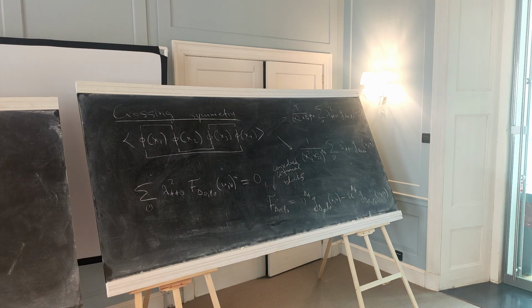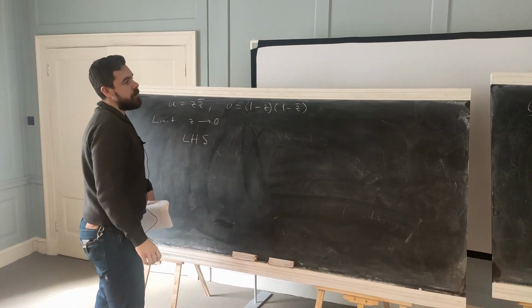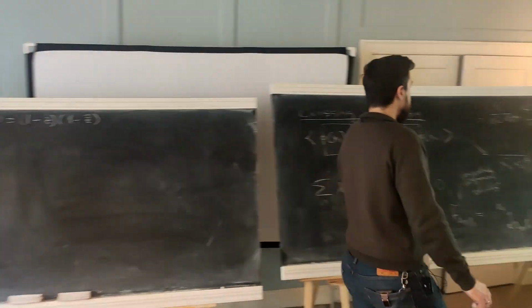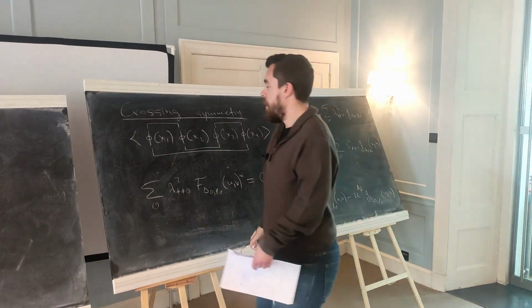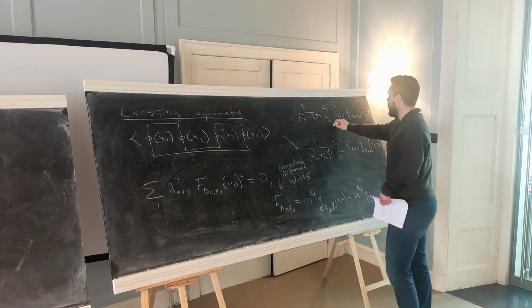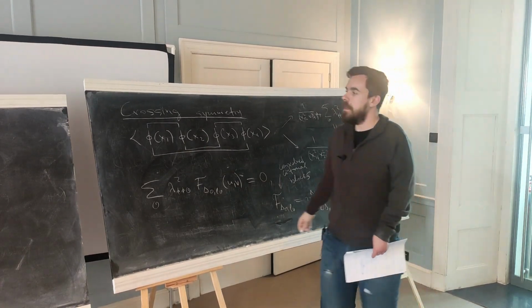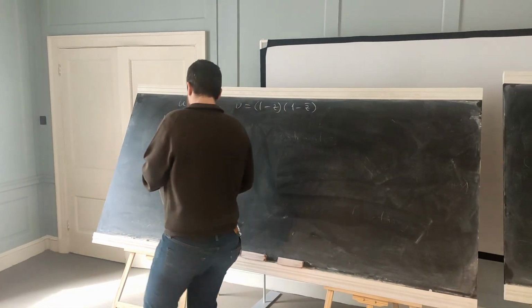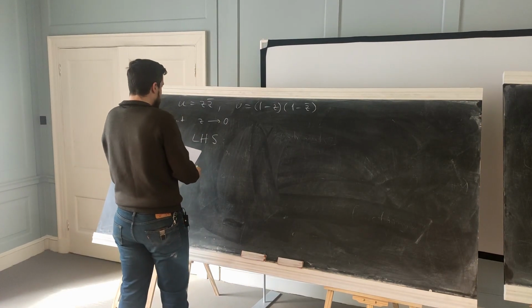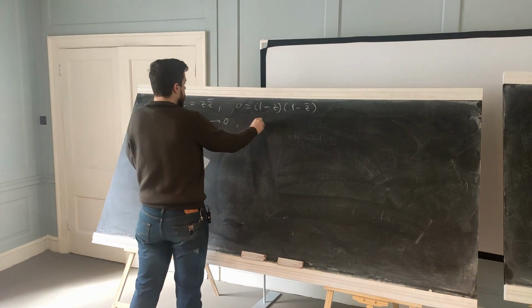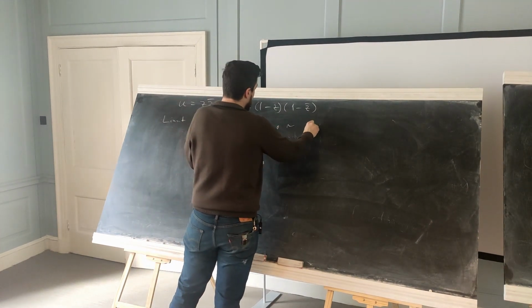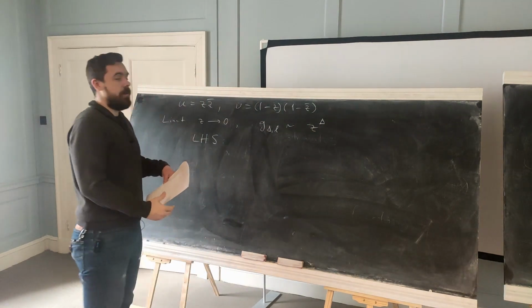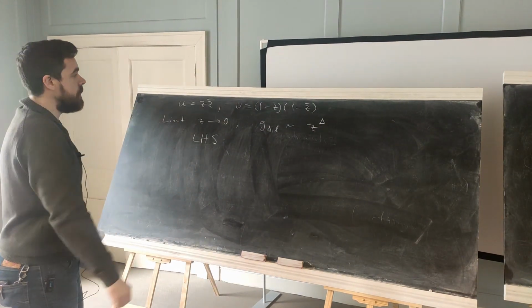So in the limit z going to 0, the left-hand side of the crossing equation, meaning the S channel, this over here. Remember, I set them equal, so this is the left-hand side and the right-hand side. In the limit z going to 0, I forgot to write here that the blocks in this limit go like z to the delta, where delta is the dimension of that O that participates.